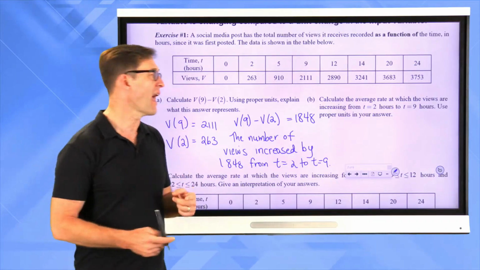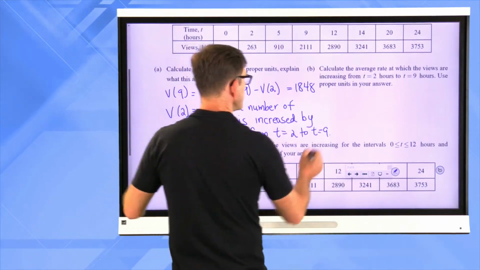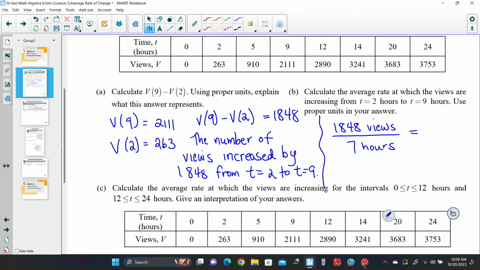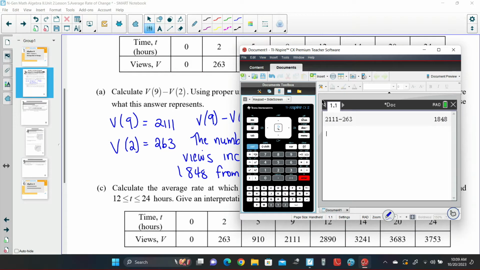So the average rate of increase is going to be 1,848 views over 7 hours, and therefore we've got that divided by 7, which is 264.